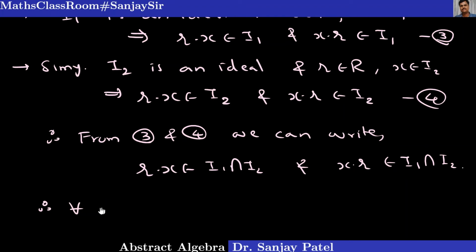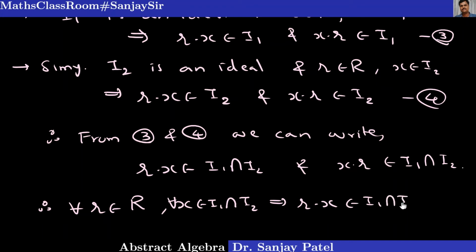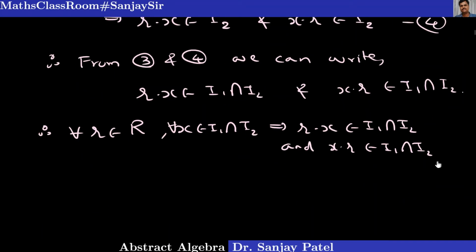Thus, for every r belongs to capital R and for every x belongs to I1 intersection I2, I have proved that r into x belongs to I1 intersection I2, which says that it is a left ideal, and x into r also belongs to I1 intersection I2. So it follows that from the result number 1, 2 and this 5, it follows that I1 intersection I2 is ideal.